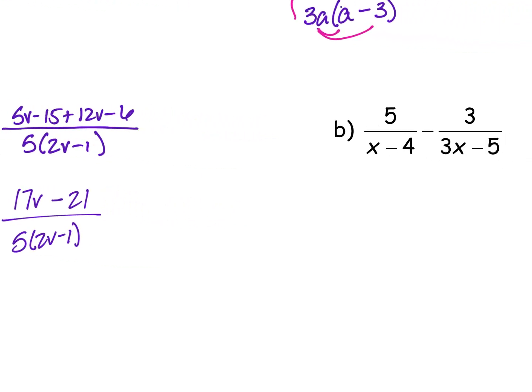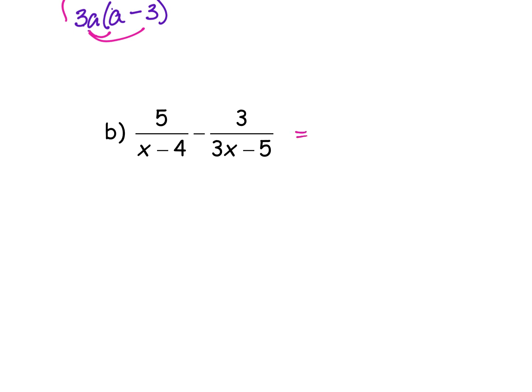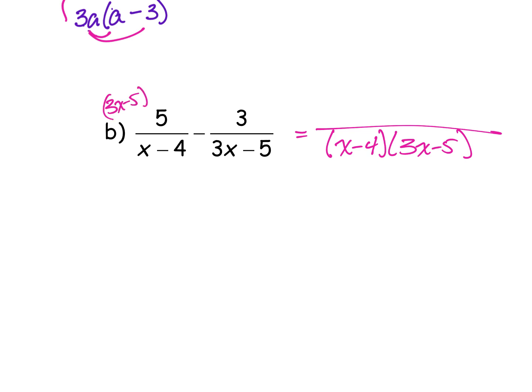All right. So number B, my common denominator is going to be x minus 4 times 3x minus 5. So I'm going to multiply this one by 3x minus 5, and I'm going to multiply this one by x minus 4.